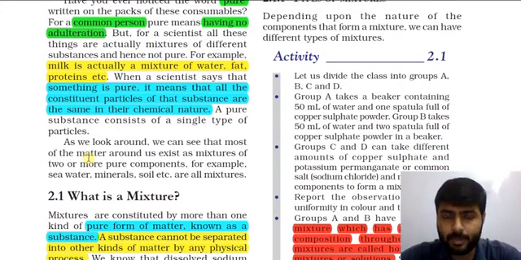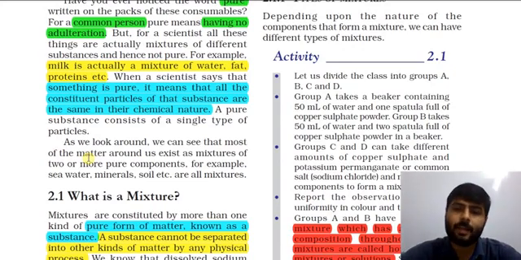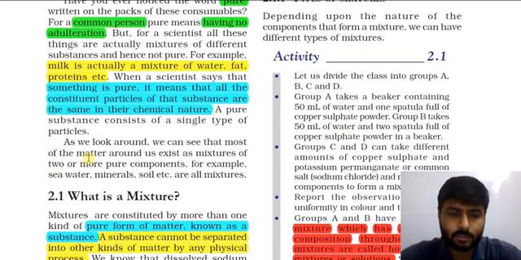Minerals are also made up of different matters. Soil has different components in it, made up of different chemical components. All are mixtures. So seawater, minerals, soil, etc. are mixtures.